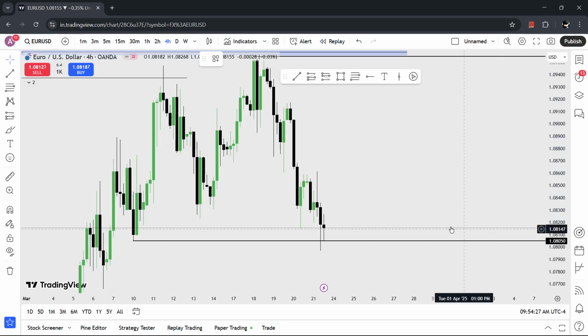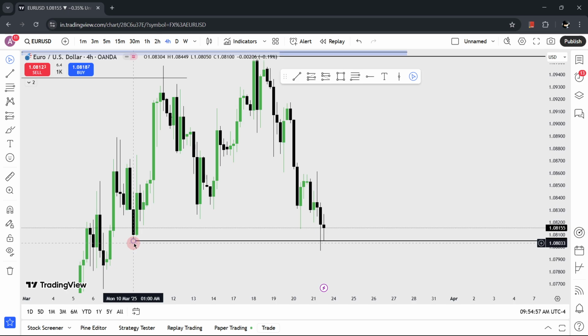I just want you to look to the left side of this, 9 p.m. Friday, 21 March 2025. We have this 4-hour low here, taken out on the 20th.